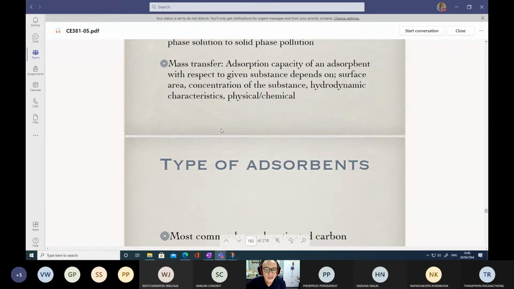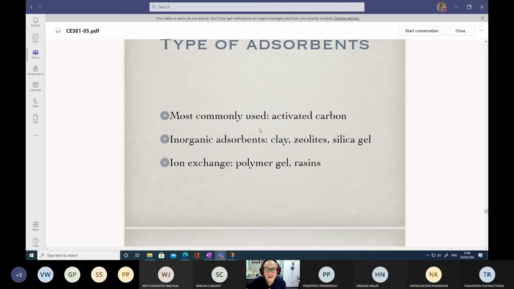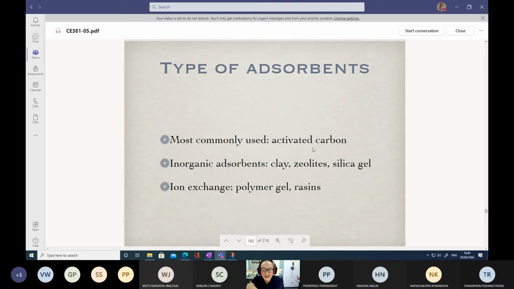Okay, the adsorbent most commonly used is activated carbon, as I told you. Sometimes we can use zeolite. They are inorganic adsorbents, silica gel, clay. These could also be used, and sometimes we also use them instead of activated carbon. But zeolite is actually more expensive compared to activated carbon.